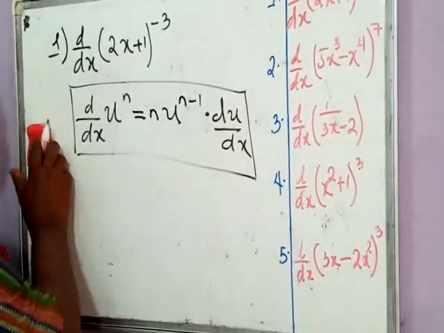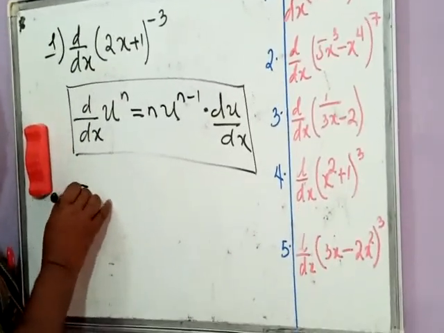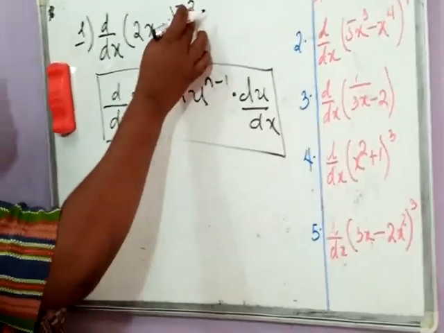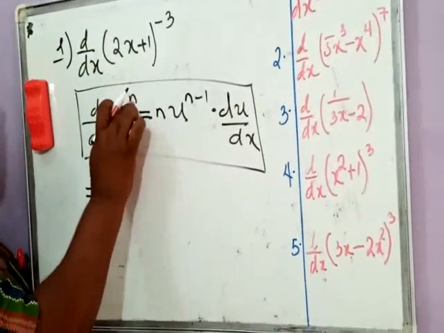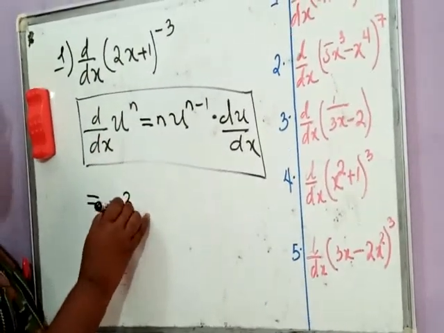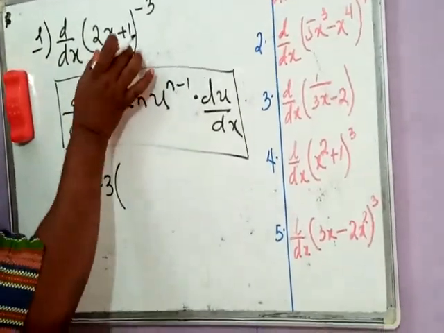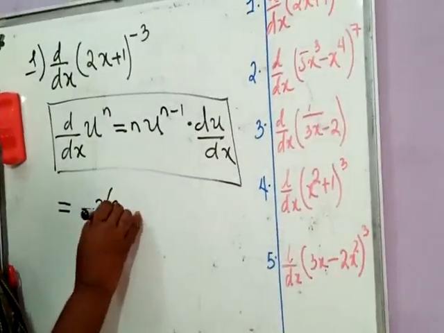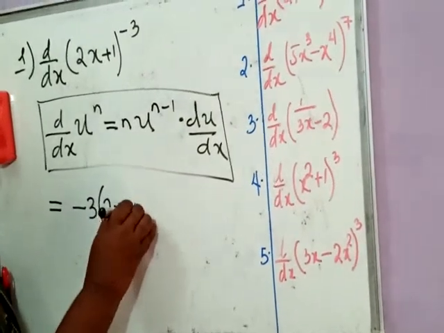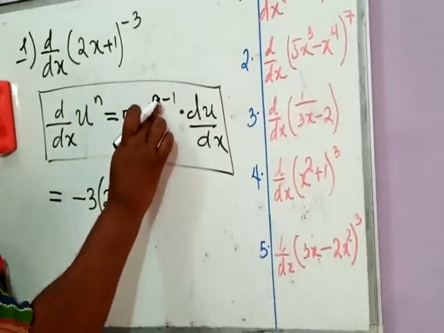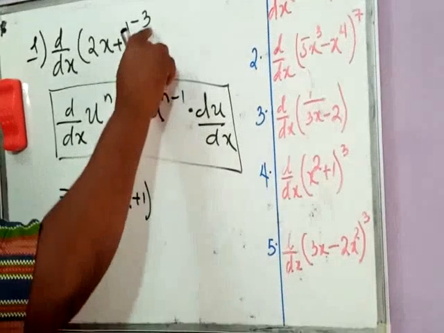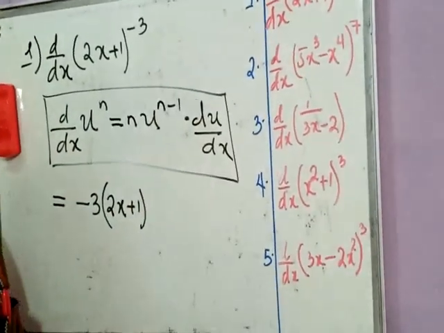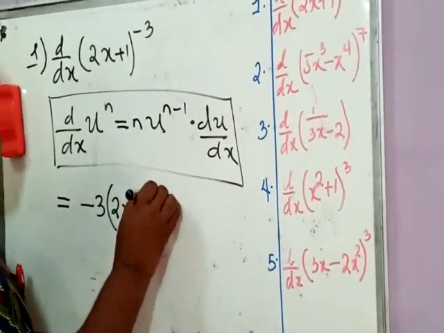When you come to that problem, the derivative simply becomes equal to, you bring down minus 3, which is n. So you have negative 3, then you repeat this inside, which is our u, so we have 2x plus 1, all raised to the power n minus 1, which is minus 3 minus 1, and that simply gives us minus 4.